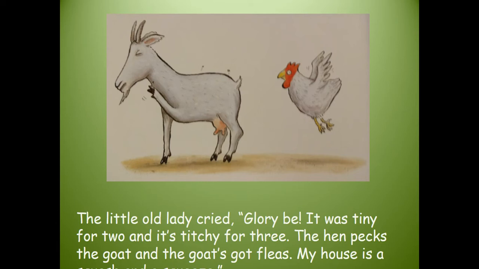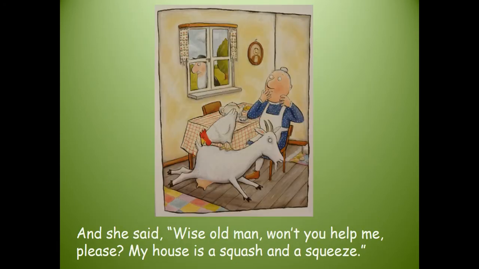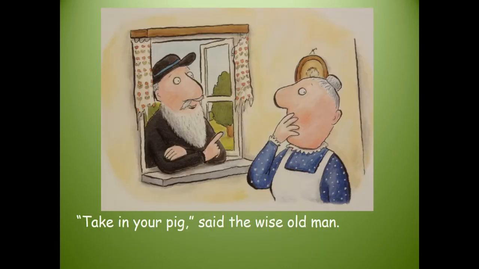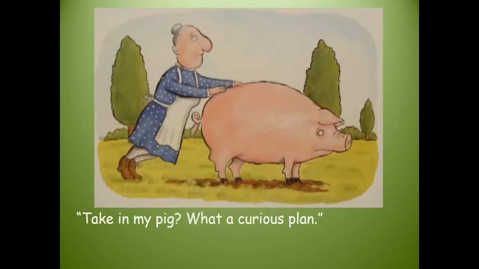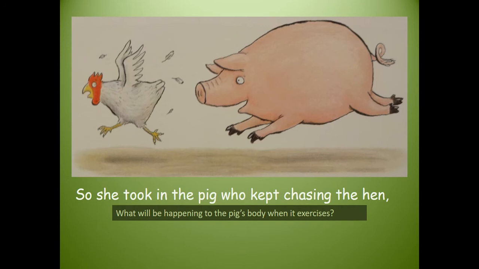The hen pecks the goat and the goat's got fleas. My house is a squash and a squeeze." And she said, "Wise old man, won't you help me, please? My house is a squash and a squeeze." "Take in your pig," said the wise old man. "Take in my pig? What a curious plan." So she took in the pig who kept chasing the hen.